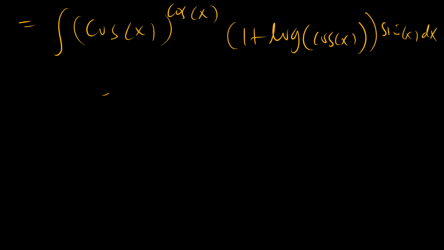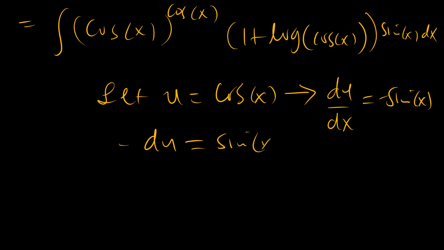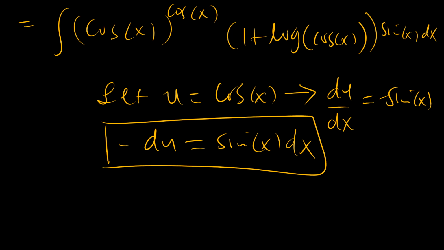dx. And if we say let u be equal to cosine of x, then that means that du dx is equal to negative sine of x, and so negative du can be used to substitute for sine of x dx. And that's the reason that I shifted this sine x onto the other side.